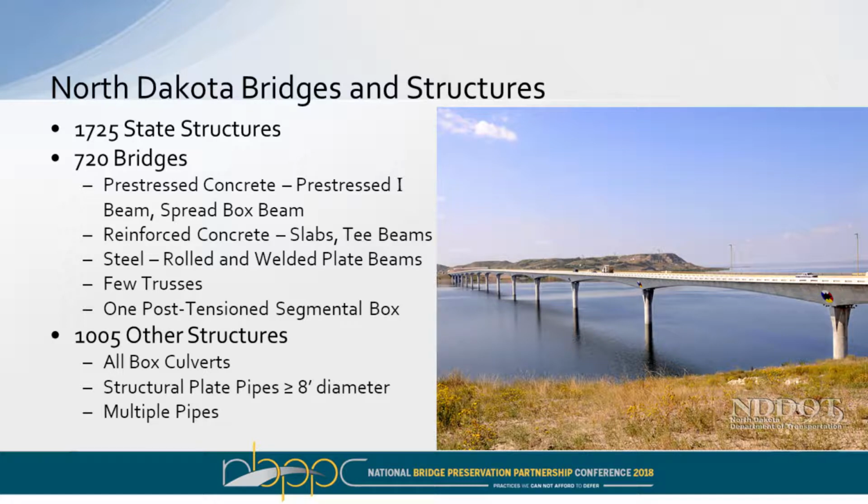We do have one post-tension segmental box, which happens to be the longest bridge in North Dakota, and there's a picture of it there. But we also have over 1,000 other structures. That includes smaller boxes, all of our box culverts, and any structural plate pipes that are greater than 8 feet in diameter.